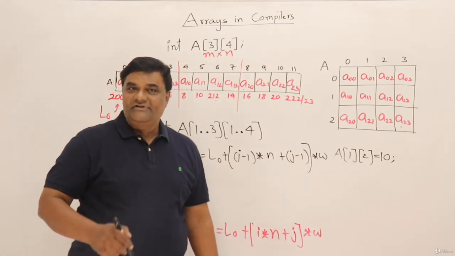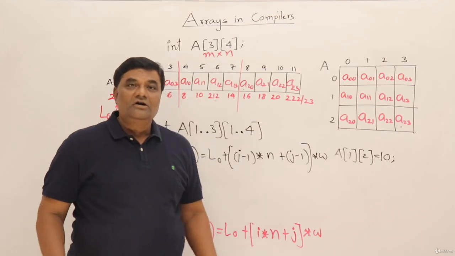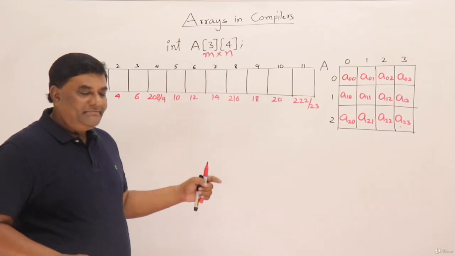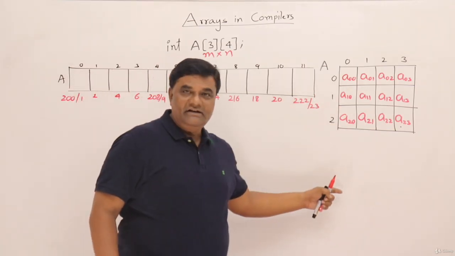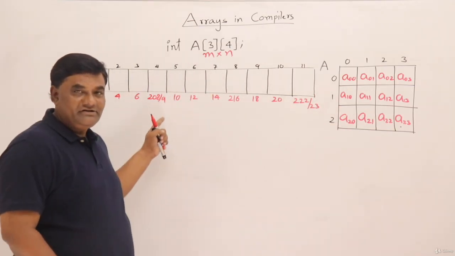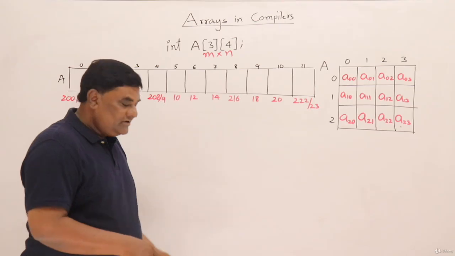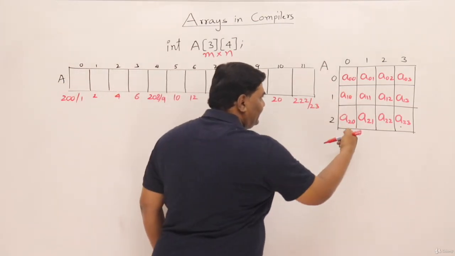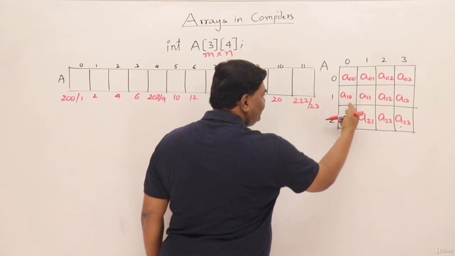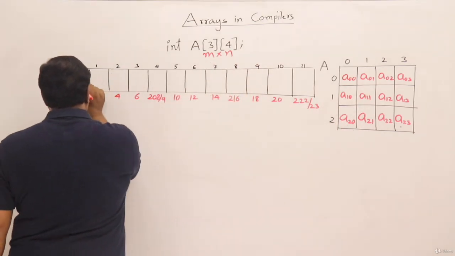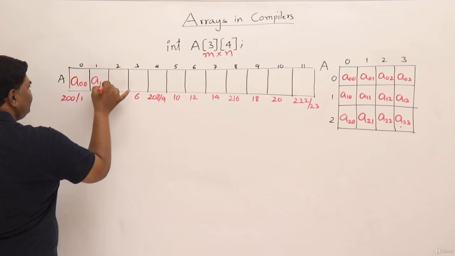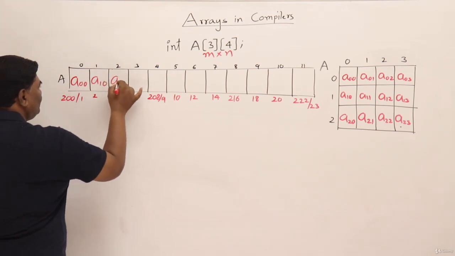Next, let us frame a formula for column major mapping. For column major mapping, the elements of this two-dimensional array are mapped on a single dimension array column by column. So I will fill these elements column by column. First column: A of 0,0, 1,0 and 2,0.